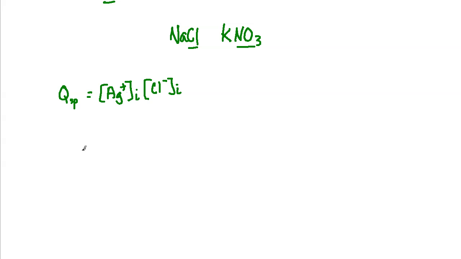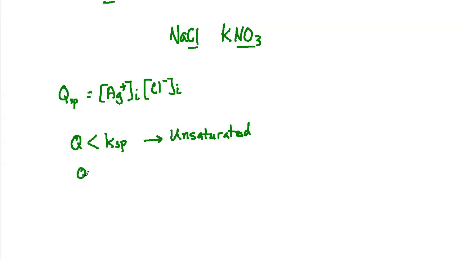So first of all, if Q is less than Ksp, which is your max out point, then the solution will be unsaturated, and if a solution is unsaturated, there will be no precipitation at that moment, because you haven't hit the saturation point.